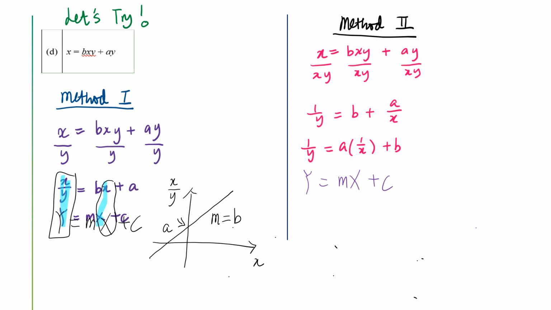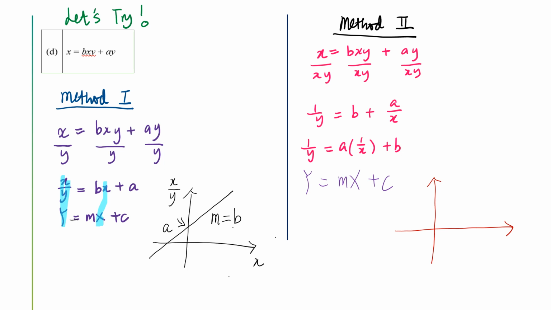And if you were to represent it graphically, what do you label on the y-axis? That will be your 1 over y.